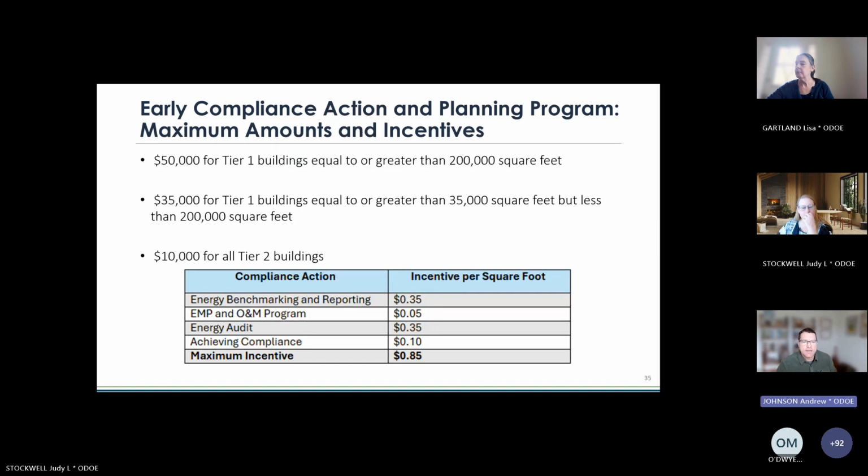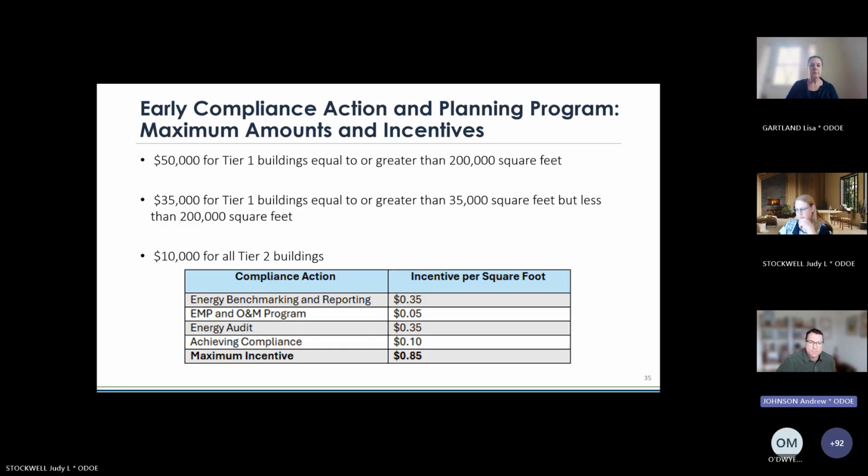As I mentioned, there are caps: $50,000 for tier 1 buildings greater than 200,000 square feet, $35,000 for tier 1 buildings 35,000 square feet to 200,000 square feet, and $10,000 for all tier 2 buildings.